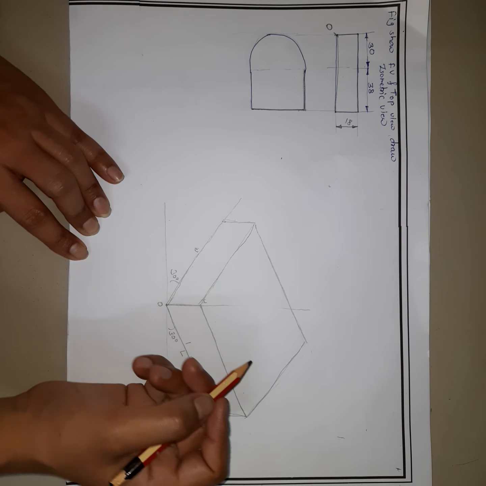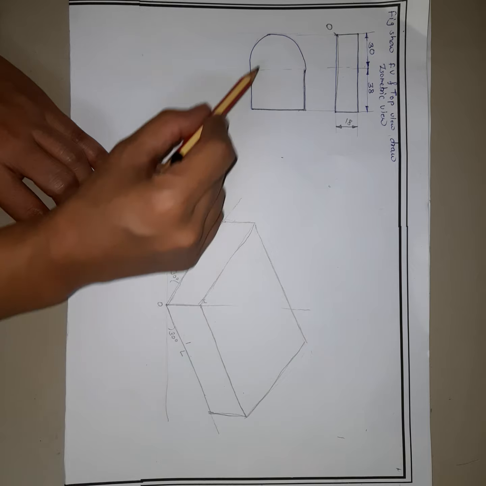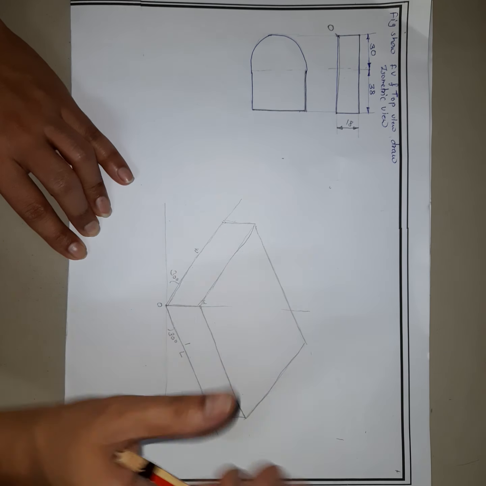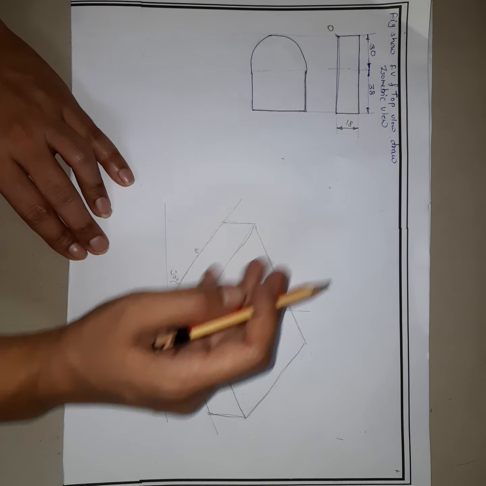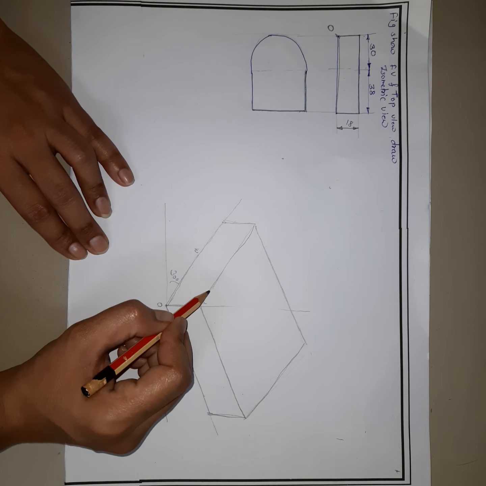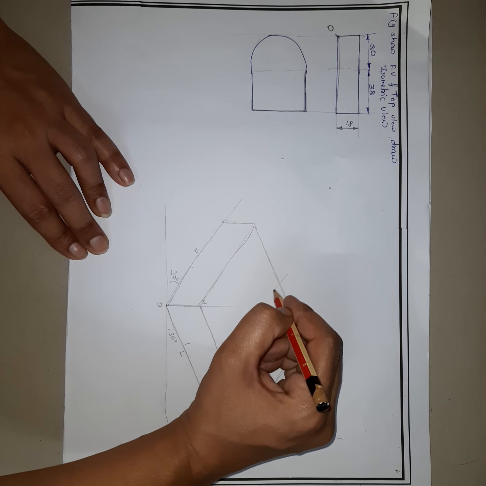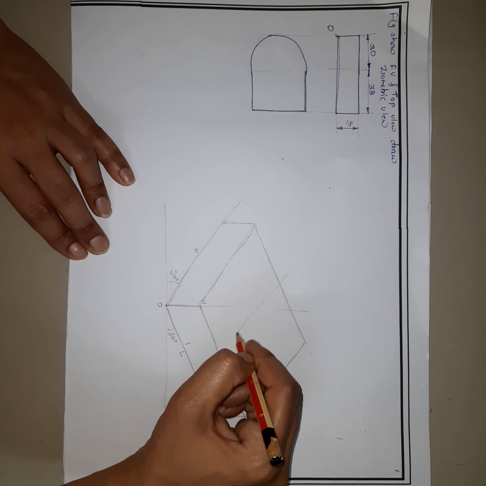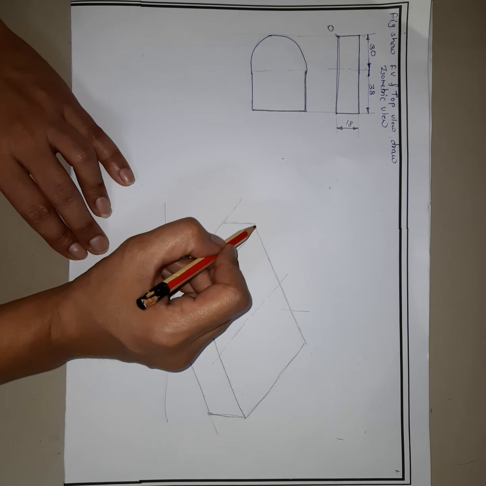Now let's mark the center line of this half circular portion on the upper surface. This distance is 30 mm. So from this line, in this direction, take a 30 mm distance and mark the center line of the half circle, parallel to this edge.